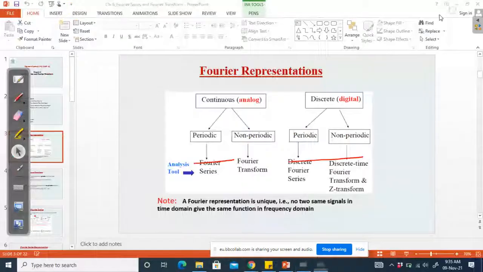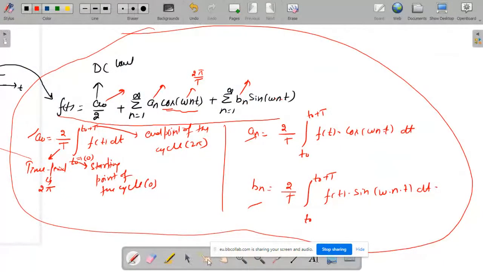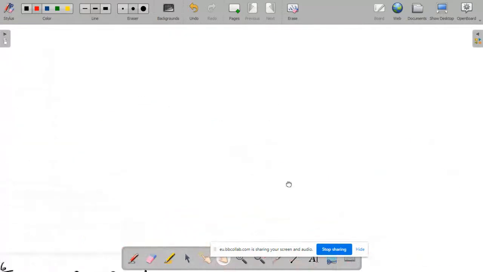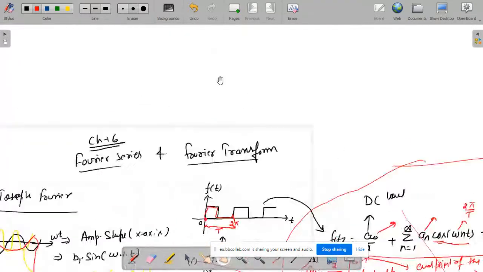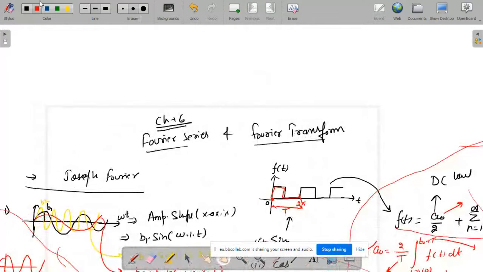Okay. Now come to the slides. One more point I want to tell you about the Fourier series and the Fourier transform. The Fourier series is used for a periodic signal. A periodic signal is one where the signal repeats itself, like this.